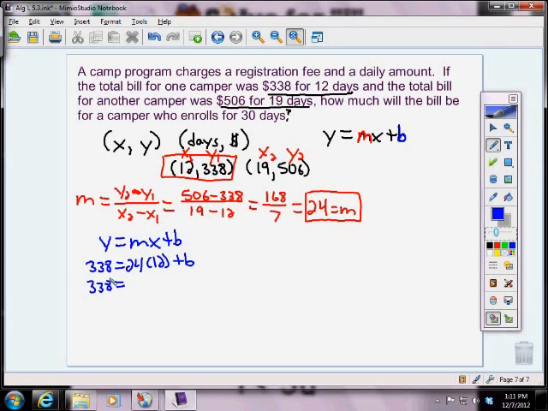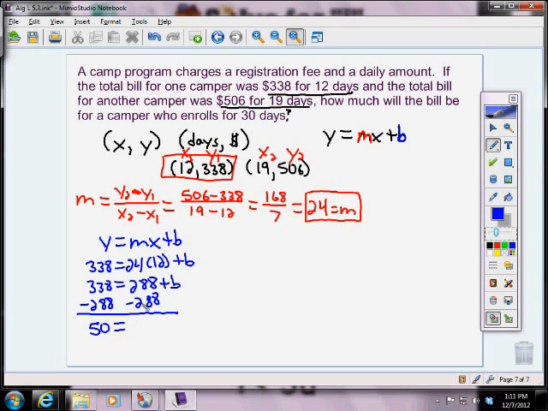338 equals 24 times 12, which is 288, plus b. To solve for b, I have to subtract 288 from each side. 338 minus 288 is 50.